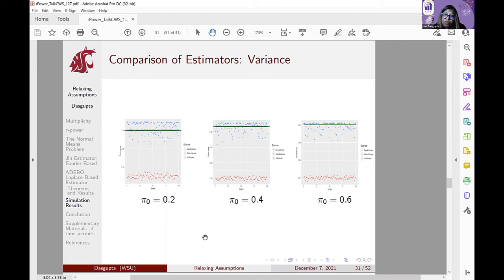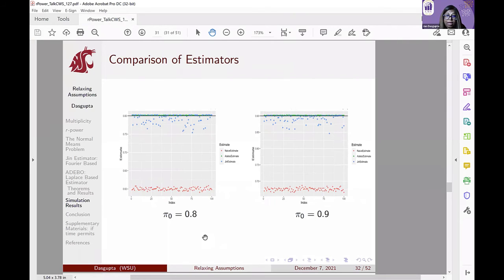So using the Laplace transform, we did manage to tame some of the fluctuations that we had. Same deal, and we can see that the fluctuations are there in Gene's estimator. The good thing about Gene's estimator is that the fluctuations do get better as pi naught gets bigger.